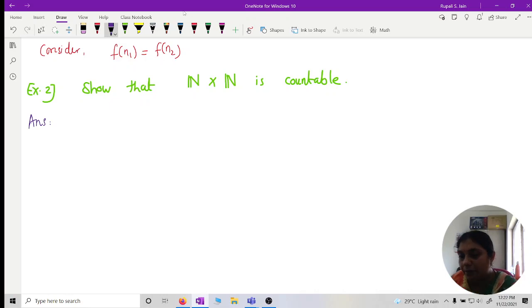I have to define a map. I have to define a map f from N to N cross N, right? Which is bijective.